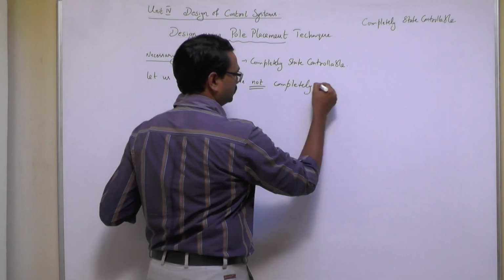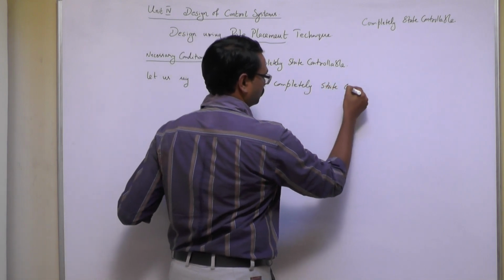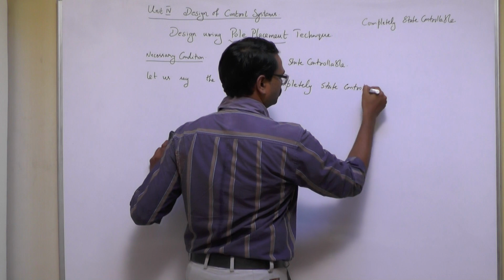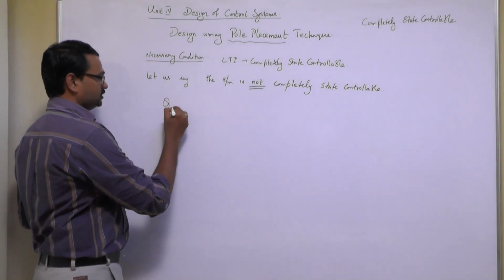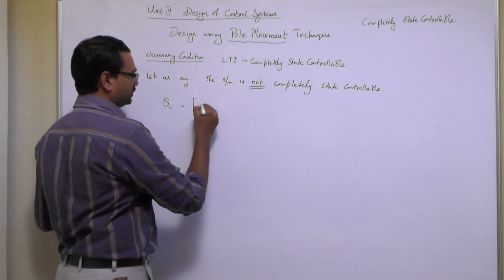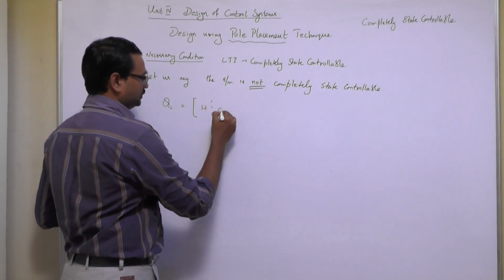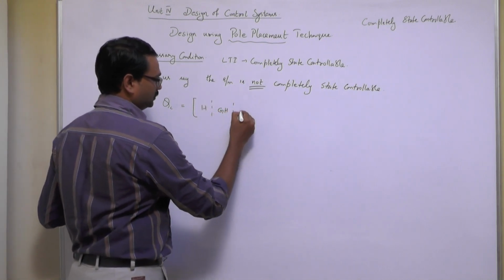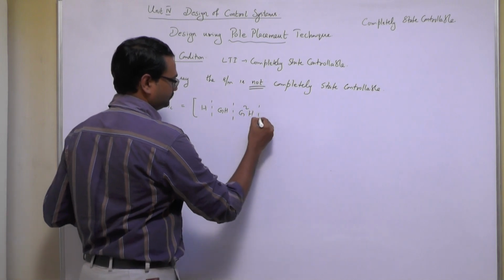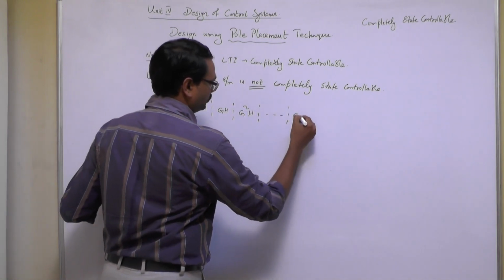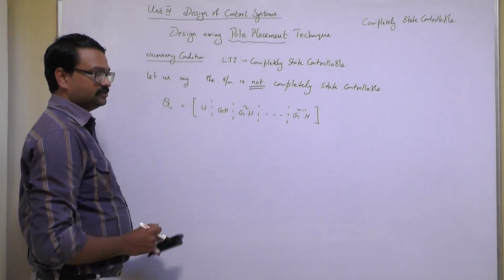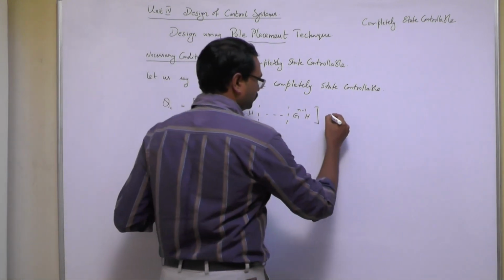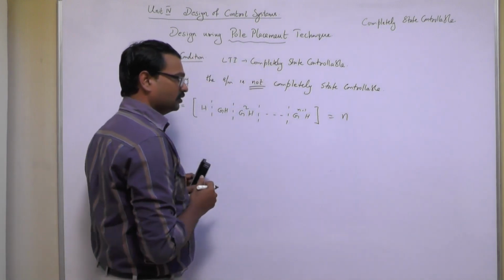If it is not controllable, what is the condition here? The controllability matrix Qc is H, GH, G square H, up to G power n minus 1 H. The rank of this matrix Qc must be equal to n for the system to be controllable.